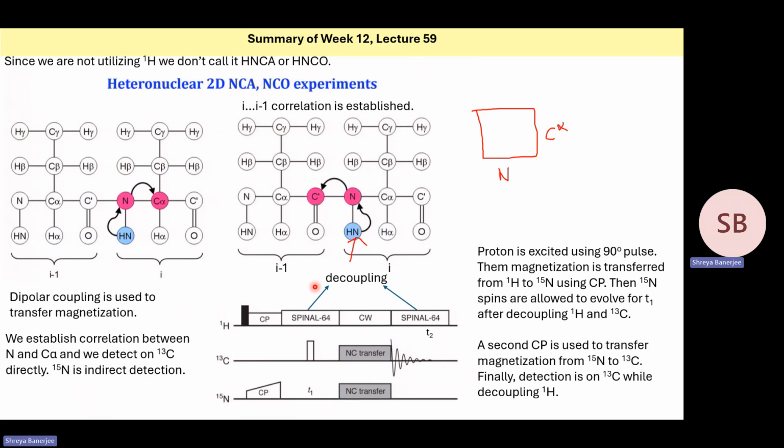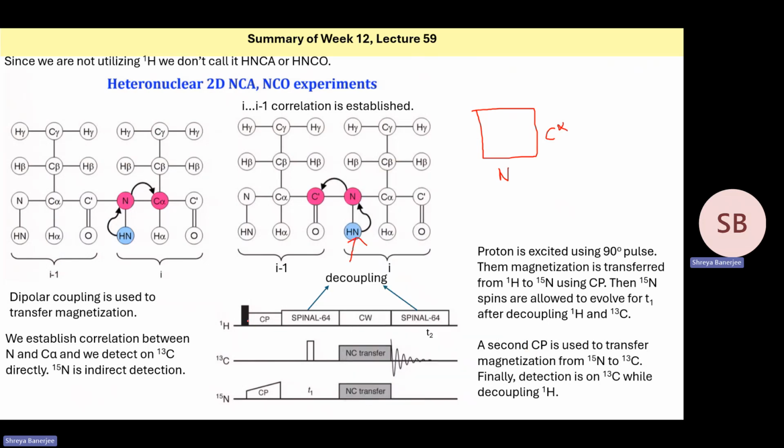So again, we don't need to look into the pulse sequence too much. We will just look at the basics. So first, the proton is excited using a 90-degree pulse. Then using the cross-polarization sequence, magnetization is transferred from proton to the 15N channel. Then the 15N spins are allowed to evolve for a time period of t1 after the 13C and 1H are decoupled. Then a second cross-polarization pulse sequence is used to transfer them.